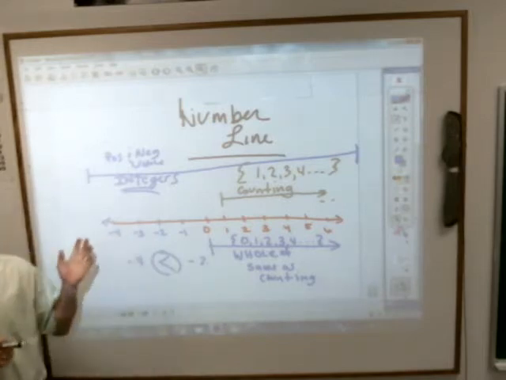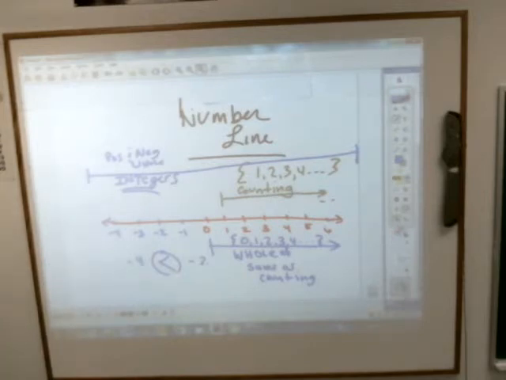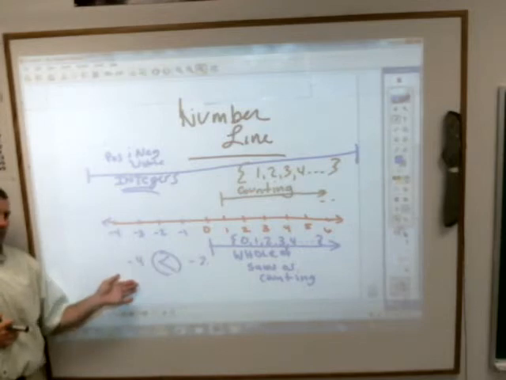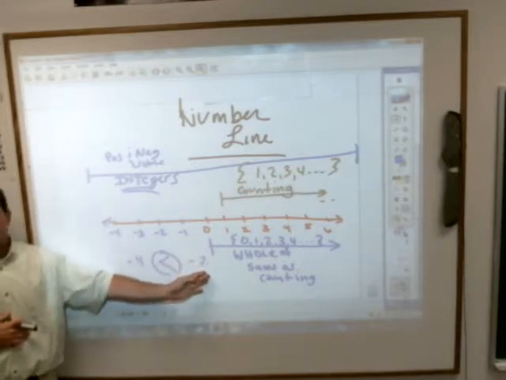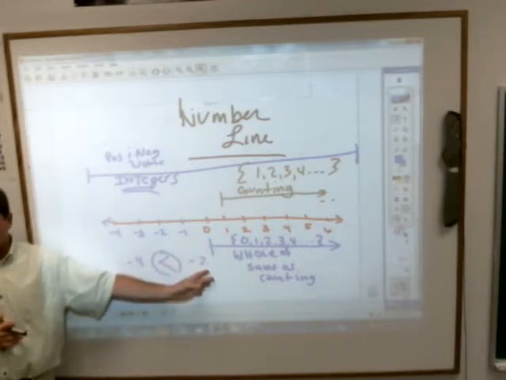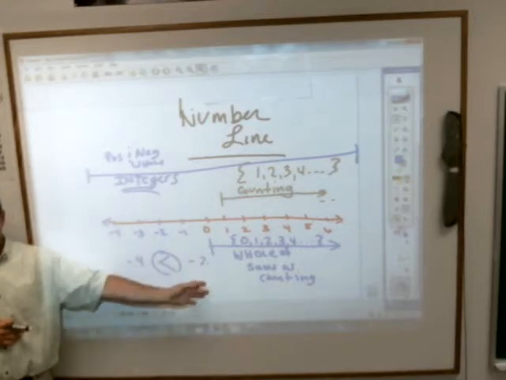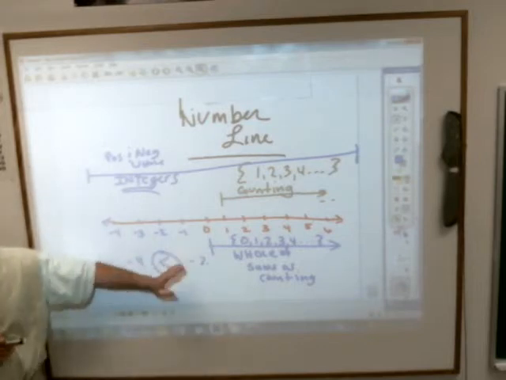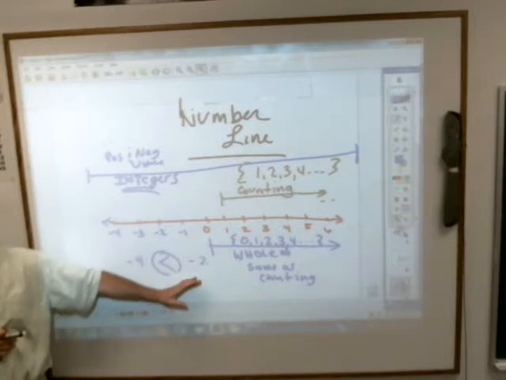And another way to think about that is in terms of money. Is it better to owe somebody only $2 or to owe them 4? It's better to only owe them 2. As a country, we are in debt in the trillions of dollars, which is a huge negative number.